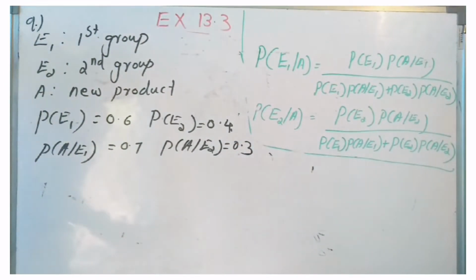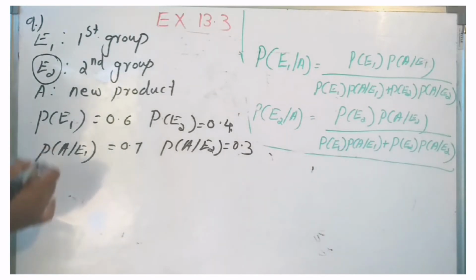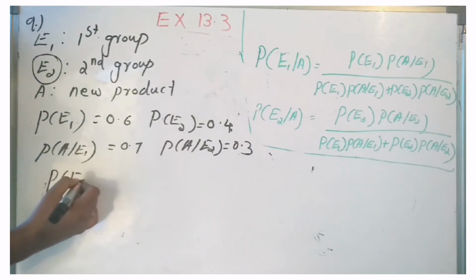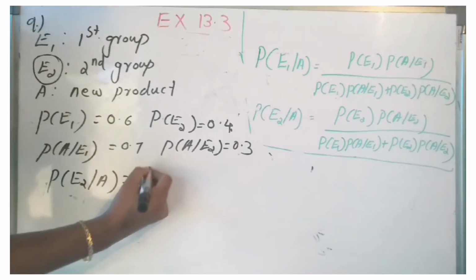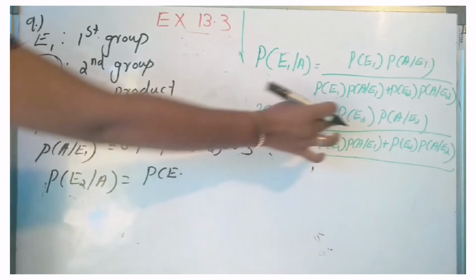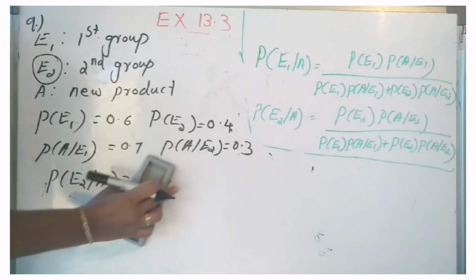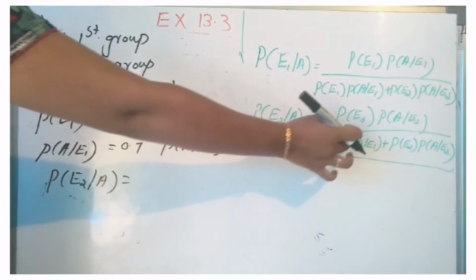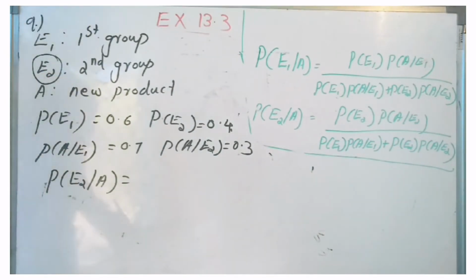Okay, now we need to find the probability that the new product introduced was by the second group. That is our E2. So here we need to find P of E2 given A, that is equal to P of E2 into P of A given E2 divided by P of E1 into P of A given E1 plus P of E2 into P of A given E2.